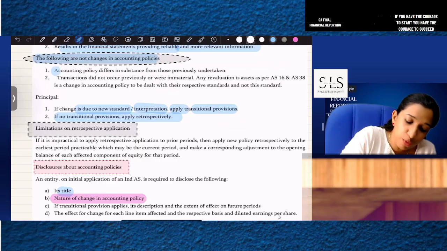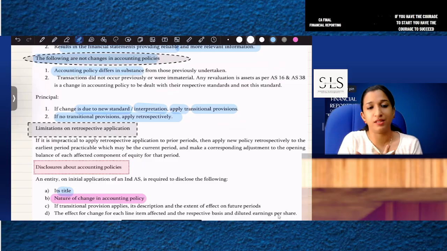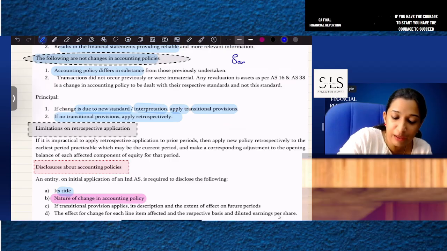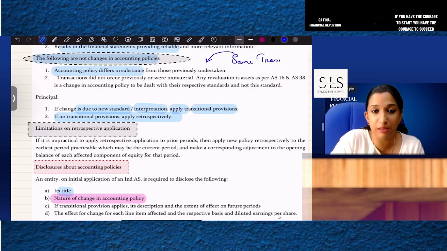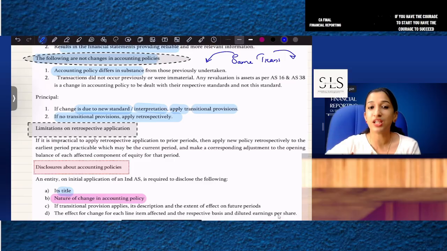The accounting policy differs in substance from previously undertaken. So, for the same transaction, if you had a different policy before and now you are following a different policy, then it is a change in accounting policy.